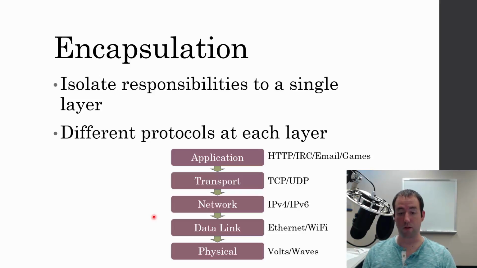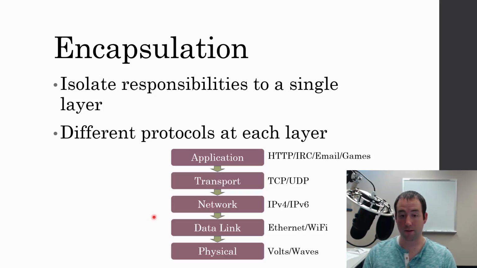Same goes down to the network layer, IPv4 and IPv6. And the beauty is these are completely independent of each other. You can use IPv4, you can use IPv6, and TCP and UDP don't care. HTTP doesn't care. IRC doesn't care what protocol is being used at the network layer.